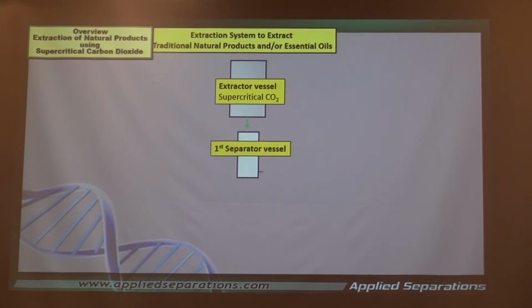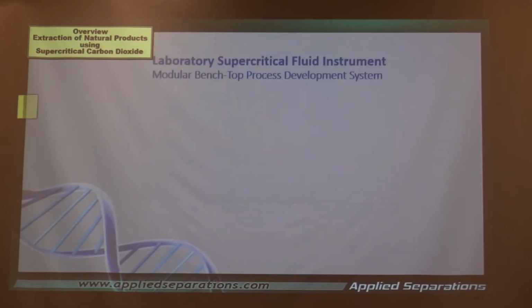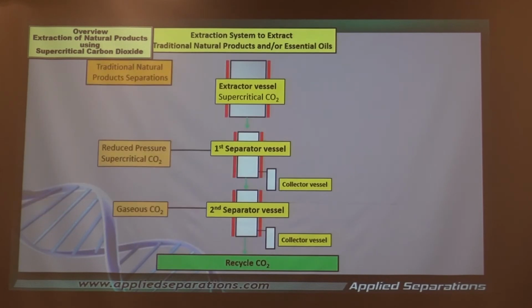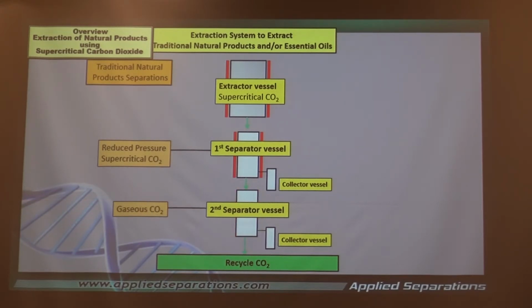The extractor vessel, again, remember, this is what we did, the first extractor vessel and then a collector on this. This is the normal system to go ahead and do this. This is the system that we normally have for supercritical fluid. So the traditional product separation would be reducing the pressure and heating that first separator, and then going to a gaseous state and heating again.